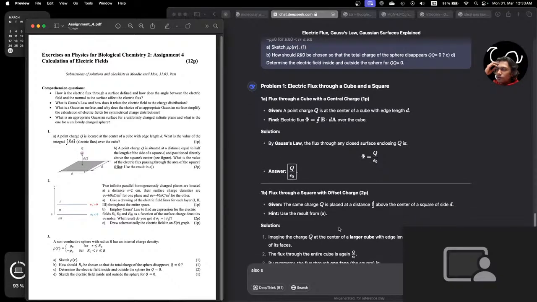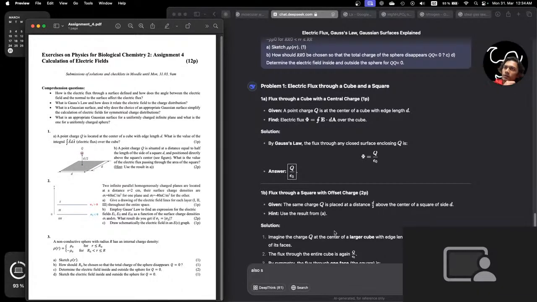Okay, now flux through a square with offset charge. I don't understand. Directly above the square's center.